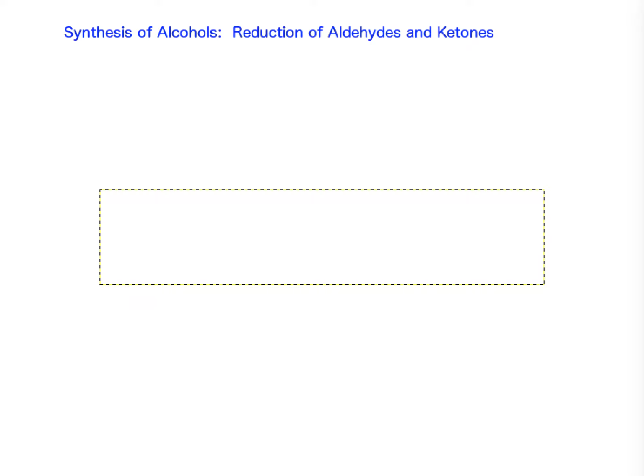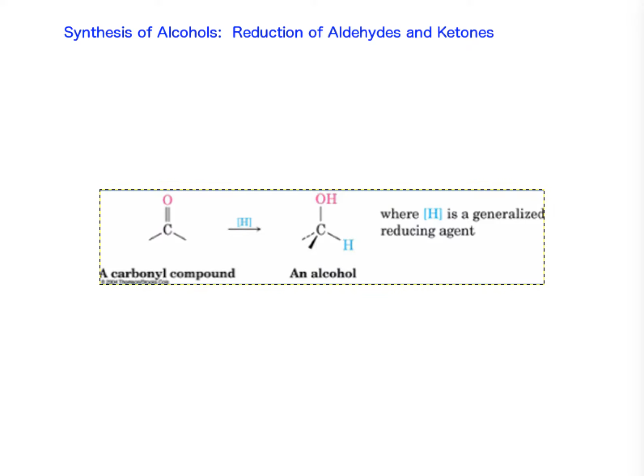Now, let's look at a general reaction of how we can use these reduction reactions to make alcohols. In the last video we had a spectrum of functional groups that went from least oxidized to most oxidized. So if we're going to reduce something to make an alcohol product, that reactant had better be more oxidized than an alcohol.